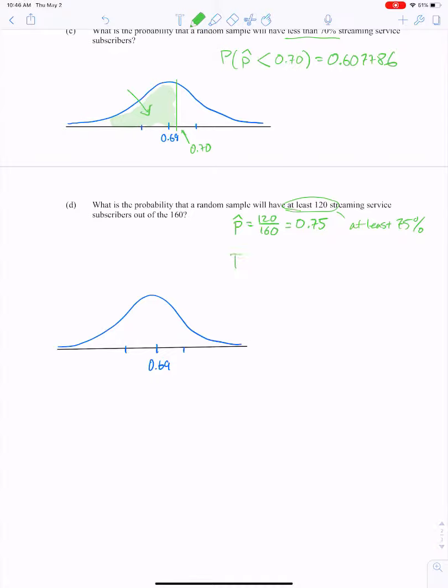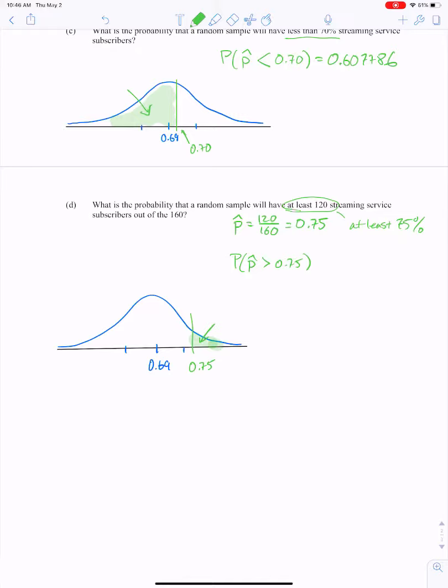Now we have to write that in probability. So the probability that the sample proportion is greater than 0.75, well, 0.75 is over here someplace. I don't know exactly where, but being greater than means I'm shading the right side. We're going to find that area right there.